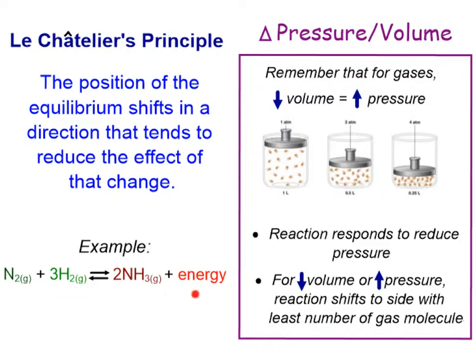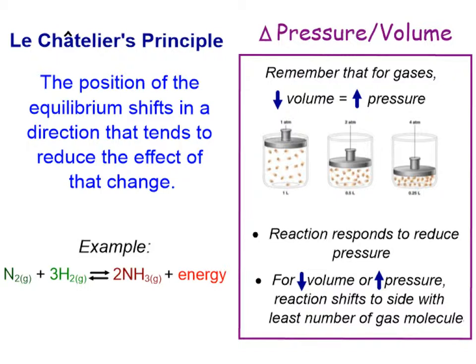So let's look at this example. What if we decrease the size of the container, decrease the volume, and thereby increase the pressure of this whole reaction? This reaction wants to reduce the amount of pressure, and it's going to shift to the side with the least number of molecules. You can see that this side of the reaction has one N2 molecule, but there are 3 diatomic hydrogen molecules.